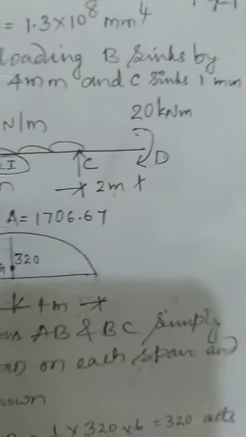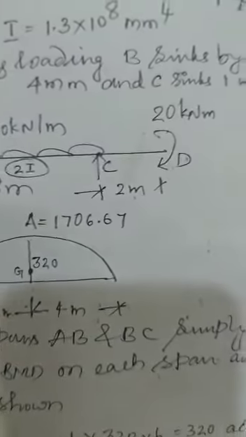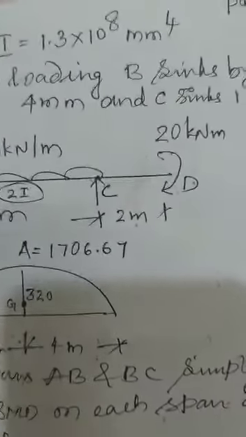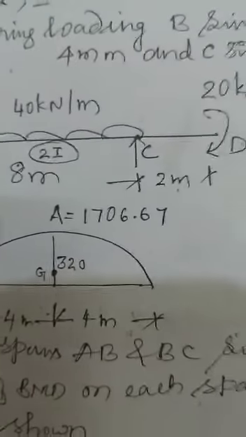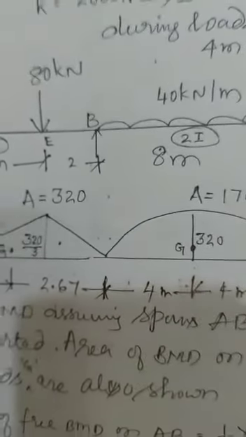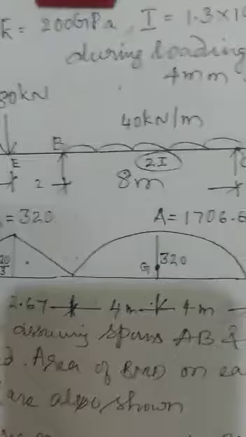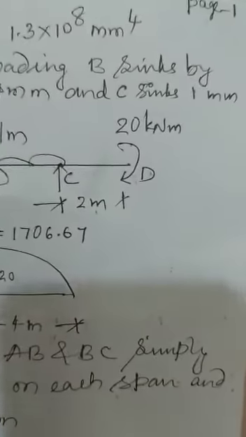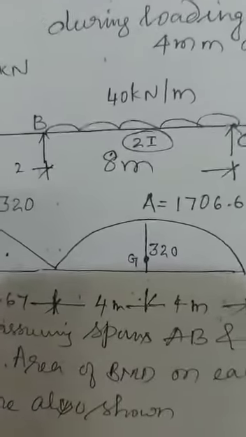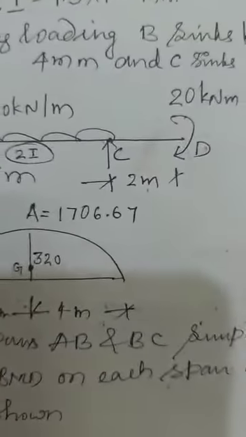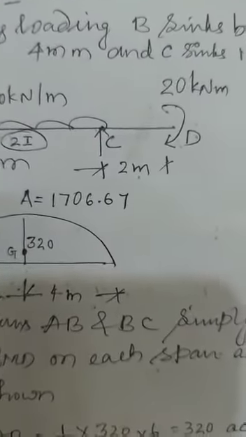Please take the question as support C sinks by 2 mm, because I have given the solution for support C sinking by 2 mm and support B sinking by 4 mm. So in the question where it is given that support C sinks by 1 mm, make it 2 mm. Support B sinks by 4 mm, support C sinks by 2 mm. Take C as 2 mm.